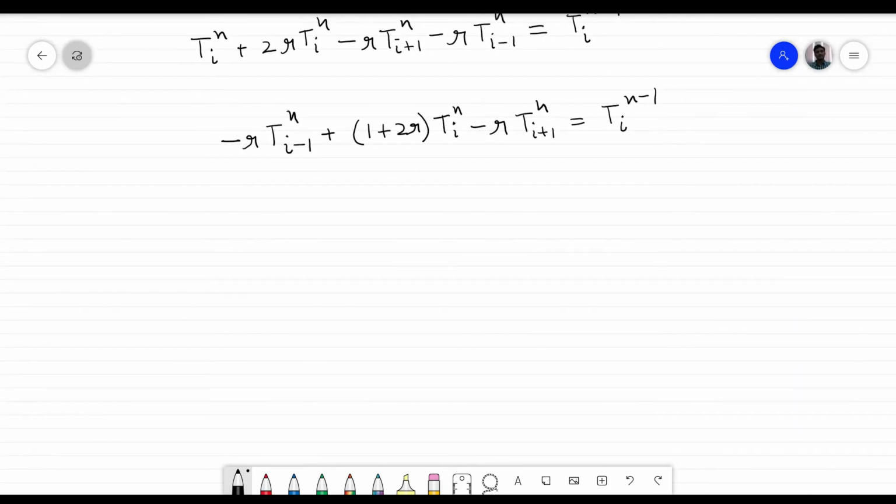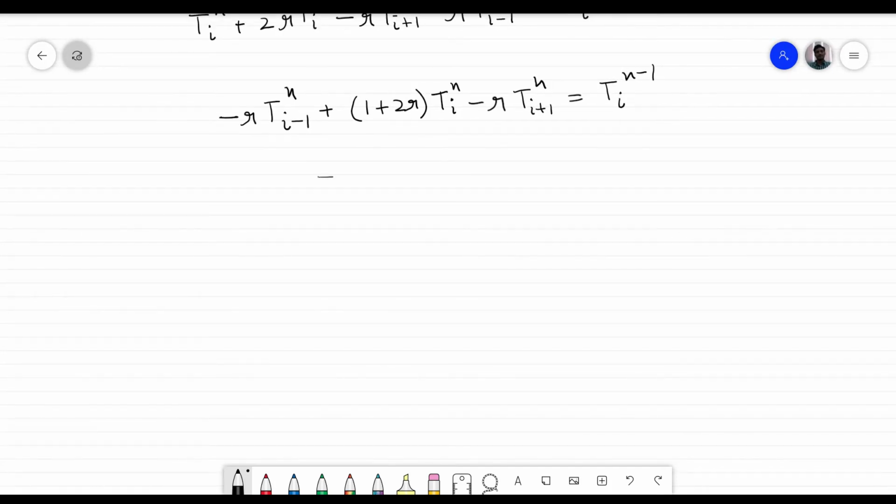Now let us assume that there are only a few grid points so that we can write it on a paper here. Let us consider 3 grid points, or let's say 4 grid points. So this is the first, second, third, fourth, fifth, and sixth.